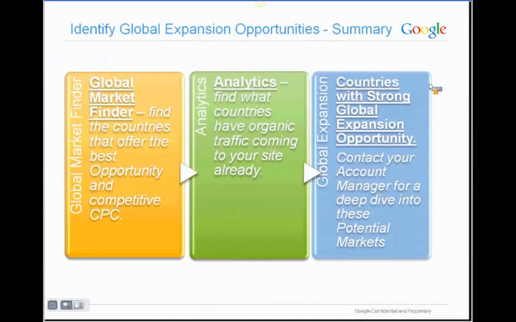By cross-referencing where your organic traffic comes from on the analytics report with the identified opportunities from Global Market Finder, you will find some strong export opportunities specific to not only your industry but to your business.